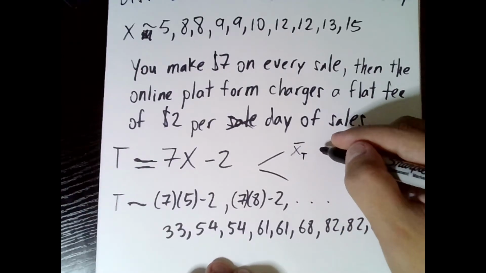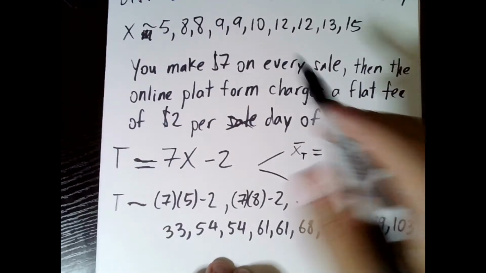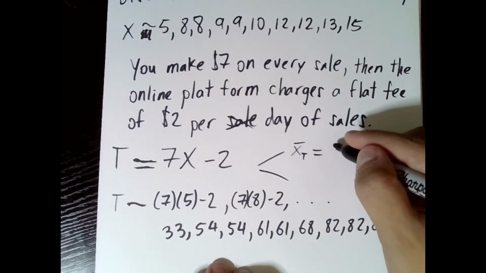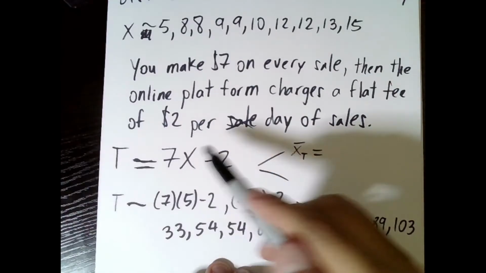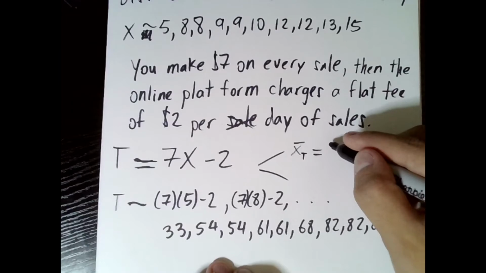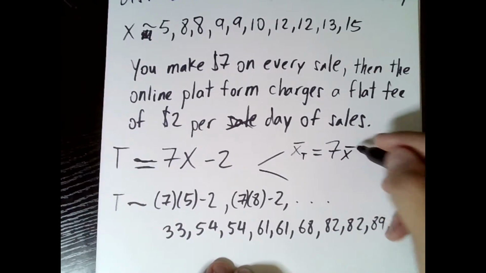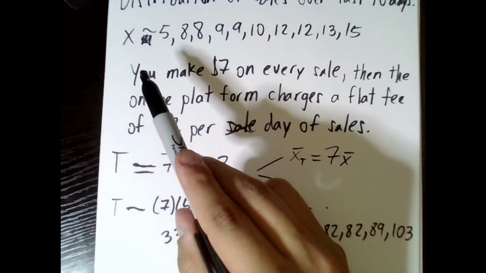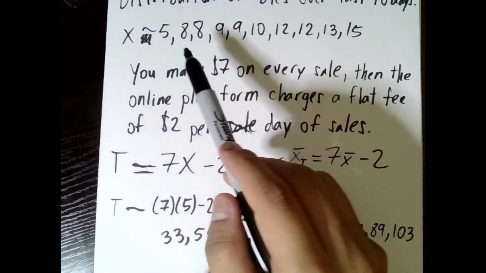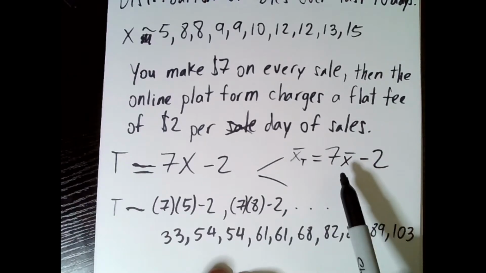Essentially, the sample mean of t is going to be affected by both the multiplication and subtraction here. So we can say that the sample mean of t is going to be equal to 7 times the sample mean of x, minus 2, because measures of center, like the mean, the one that we're probably most concerned with, are affected by both.